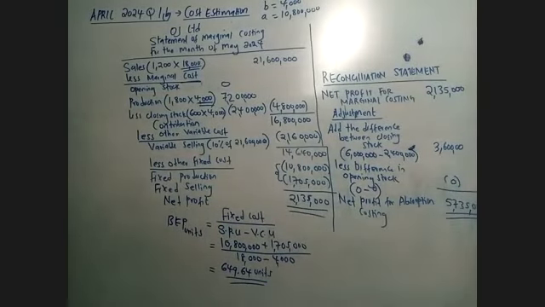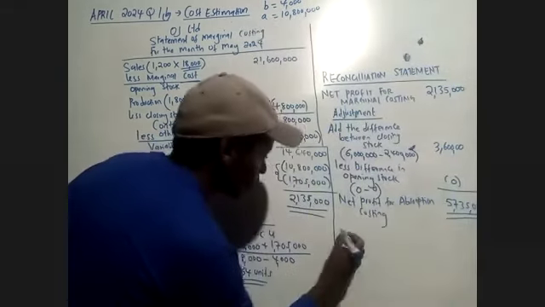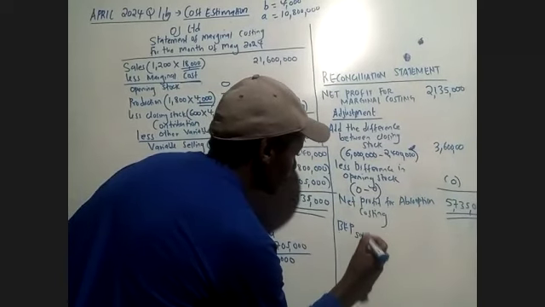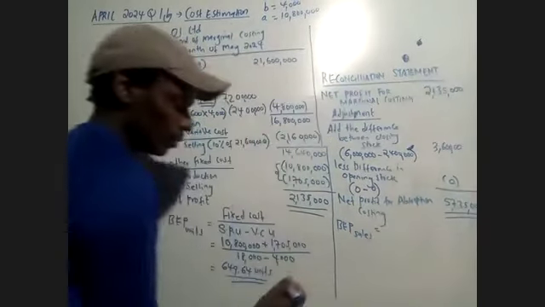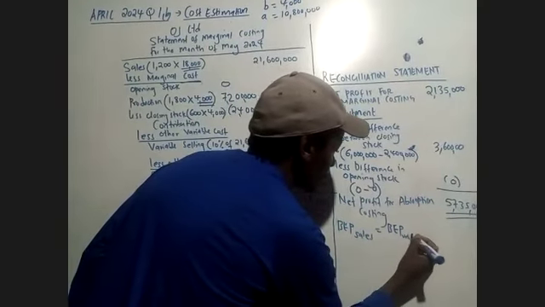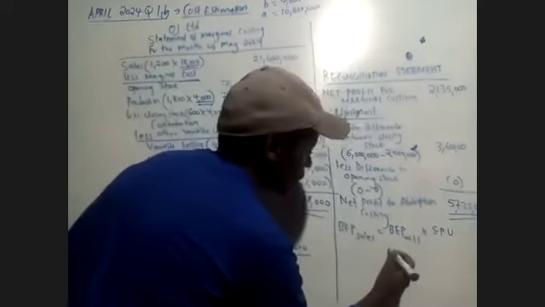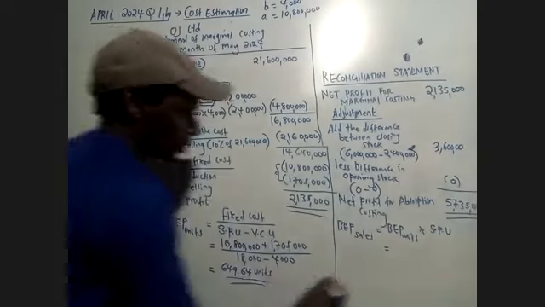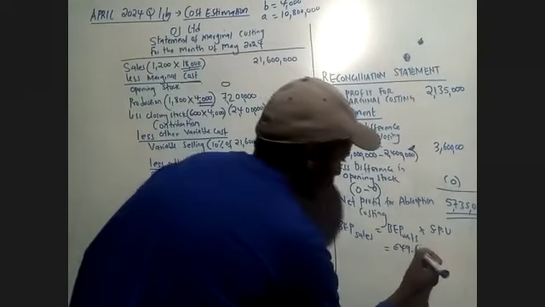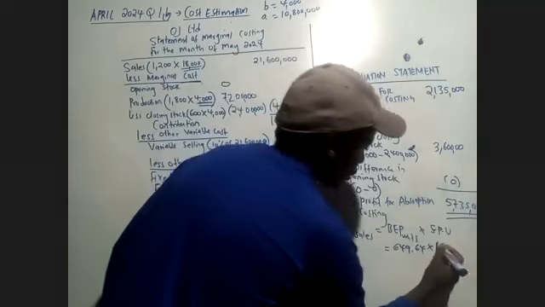Now, let us compute break-even point in sales. Now this one is simple. Unachukua BEP in units, you multiply with selling price per unit. 649.64, you multiply with our selling price per unit, 18,000.